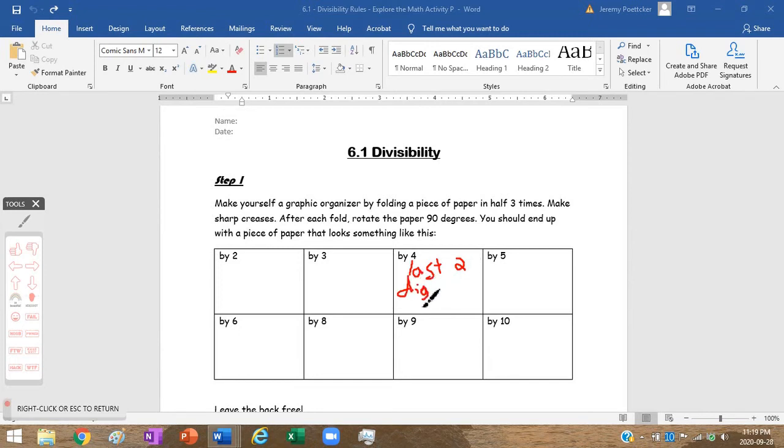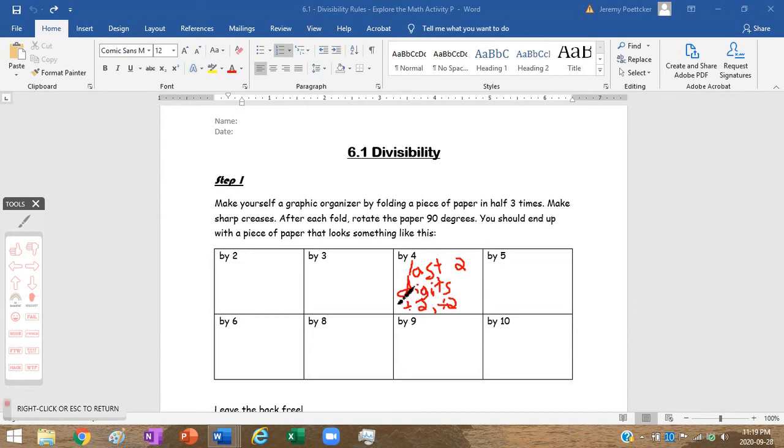And what we're going to do is we're going to say, okay, something that's divisible by 4, now there's a couple ways we could say this, the last 2 digits we can divide by 2 and divide by 2.